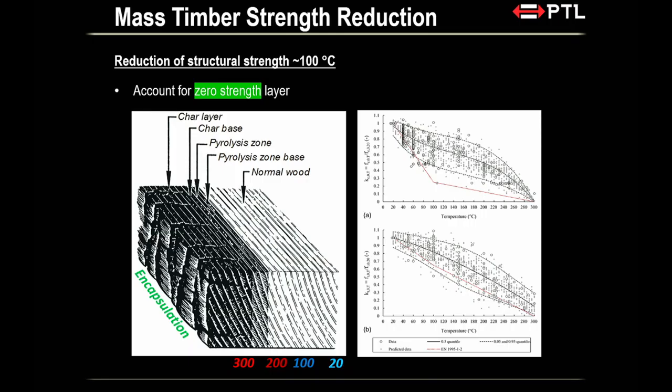Numerical probably will offer you a bit more saving in terms of member sizing, but you will need what we call a structural fire engineer to come in and do the analysis and show you the temperature gradient and that kind of thing. I'll have a slide later that talks about that. For fire check, you usually ignore the char or check and come up with a gradient.